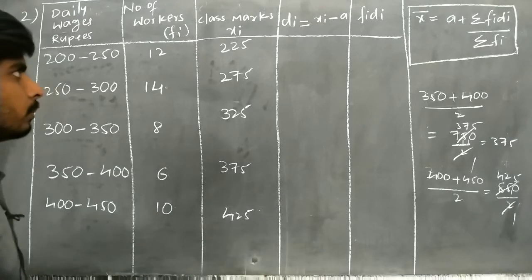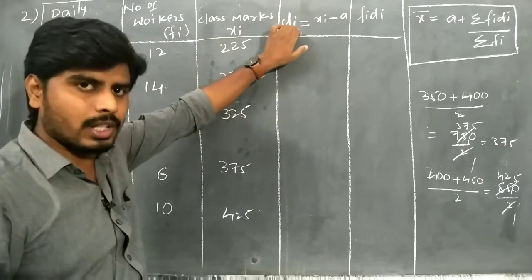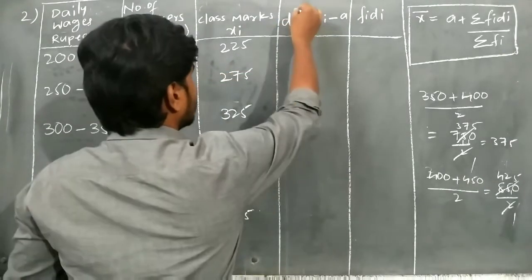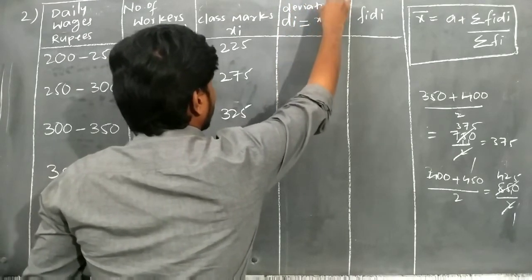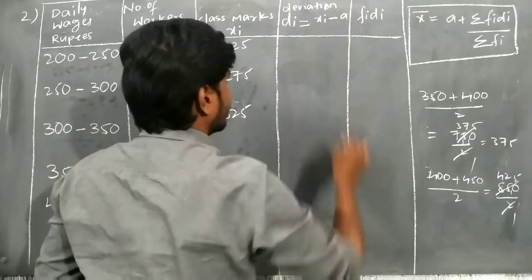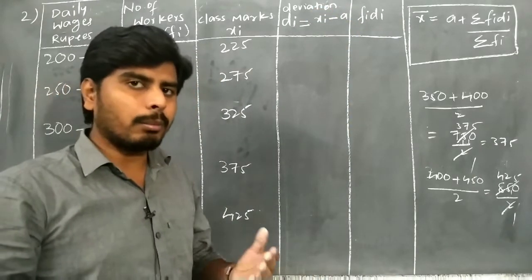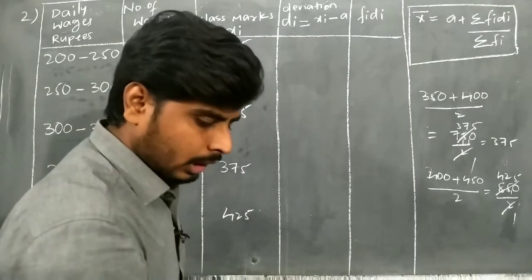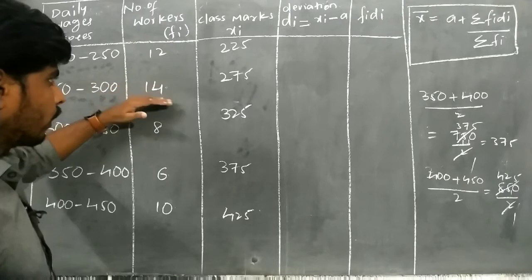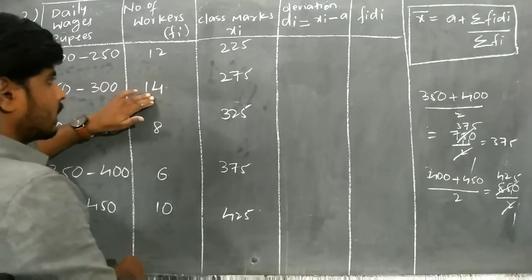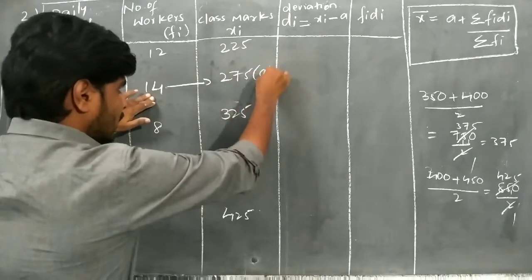Now what we have to do next is find the deviation. Di means nothing but deviation here, okay, so these are the deviations. We have to assume one mean. Generally we take the maximum frequency, which is 14, and the xi value of this maximum frequency is called the assumed mean.